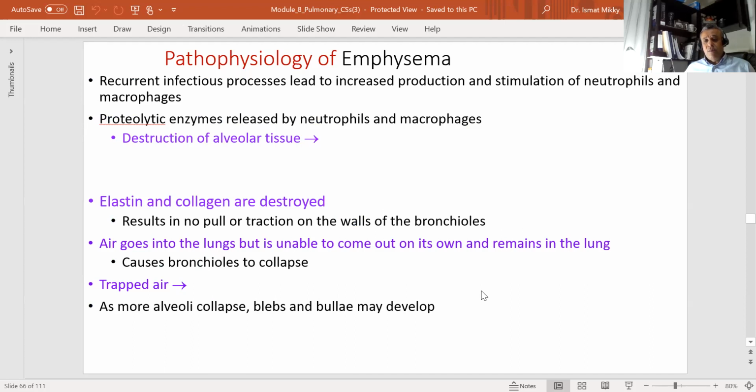The destruction of the alveolar tissue will result in inflammation, exudate formation, which is the drainage of fluid or secretions, and then edema, like pulmonary edema.